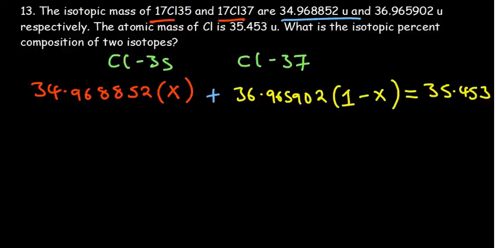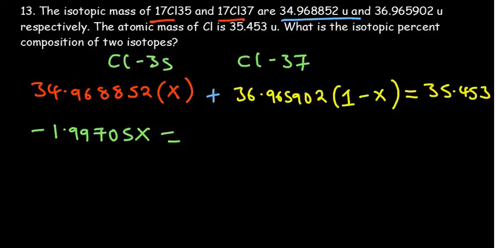So the value I'm getting is negative 1.99705x plus, so this times 1 will just be a positive value. As it goes to the other side, it will become a negative. So I have 35.453 minus 36.965902.